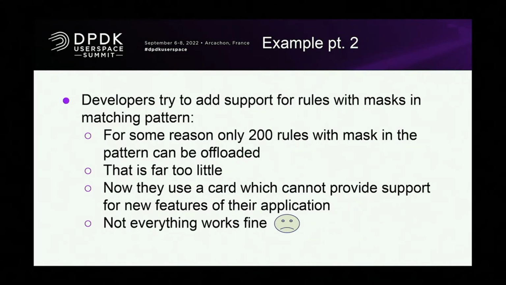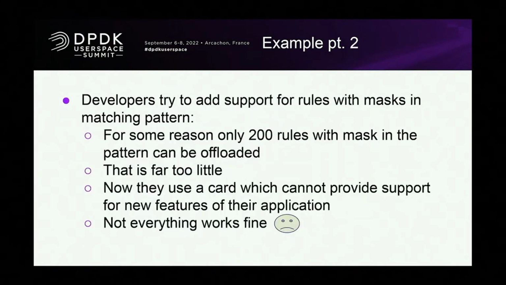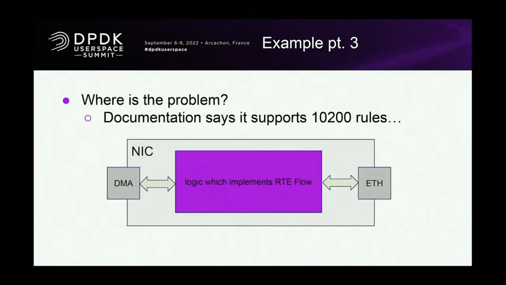So now they have hardware which they cannot really use for the new version of their application. As you can see in this emoji, not everything works fine. And the question is why? Where is the problem? The documentation says that it supports up to 10,200 rules, but for some reason they can offload only 200. The answer is quite simple.